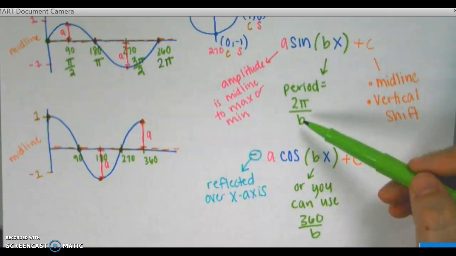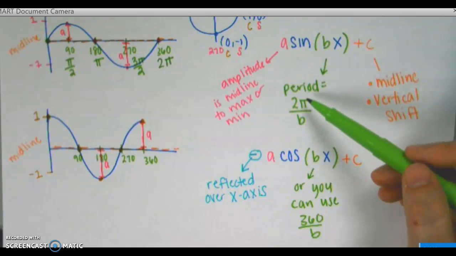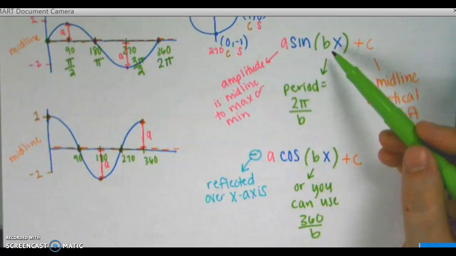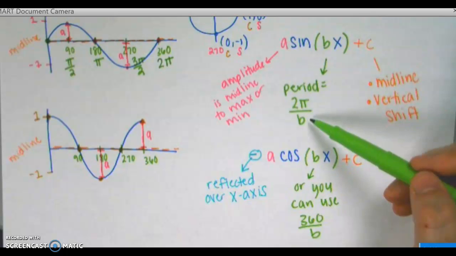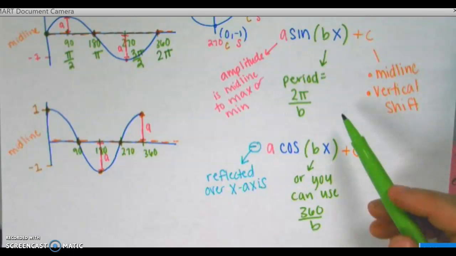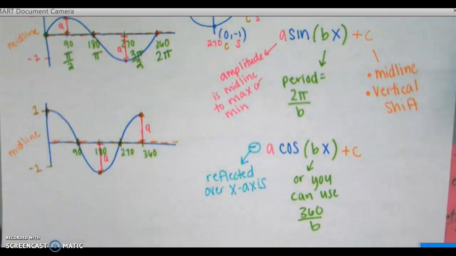Figure out the length of that cycle, how many degrees it's going to take to make that wave. So we do that by 2 pi over b. So whatever that number is, 2 pi over b. If you wanted to use 360 instead, you could, but if you see pi in the problem, it might be better off to use that 2 pi over b.